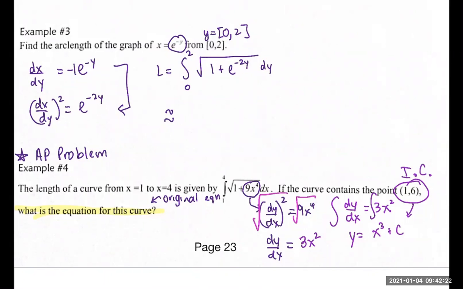So if I plug everything in, I get y is 6, x is 1, c is therefore 5. So the answer to this is, I'm going to write it on the left, y equals x cubed plus 5 is the original curve. Does that make sense to you guys, the process in which we solved for that?